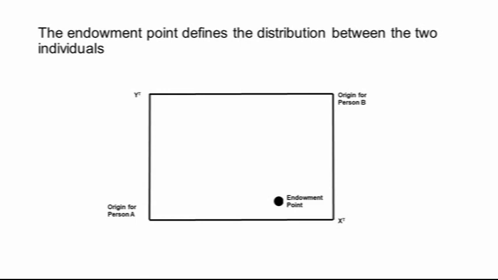Any point in the box divides up the two goods between the two individuals so that the total amount xt is perfectly exhausted.